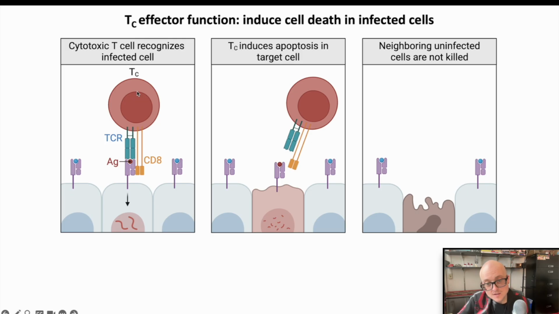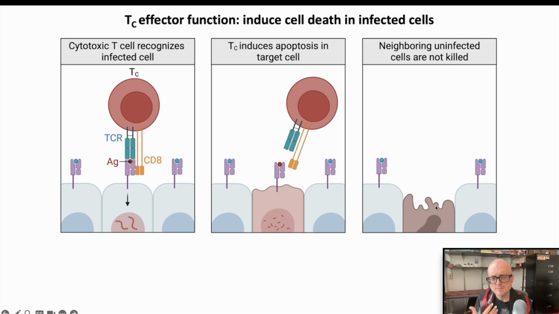And when a cytotoxic T cell becomes activated, it releases soluble molecules, as well as other types of molecules on its surface as it's physically interacting with the infected cells, which are going to induce apoptosis or programmed cell death in the target cell. So the CD8 T cell induces the process of cell death, which you can see playing out here.